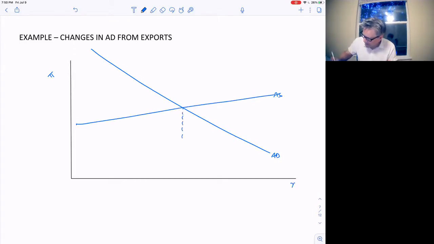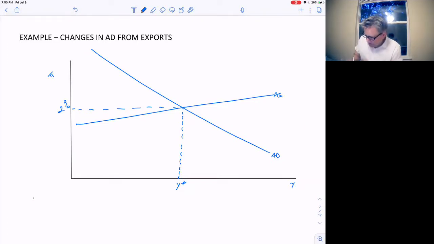And let's say the equilibrium happens to be at an inflation rate of 2% and an output Y star that just happens to be full employment on the edge of the PPF.